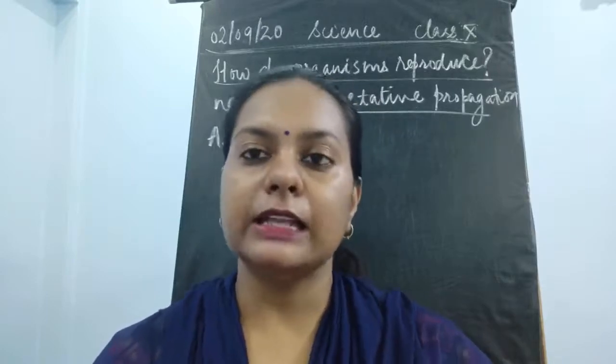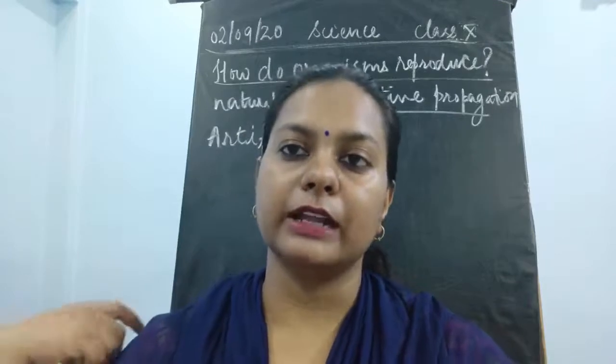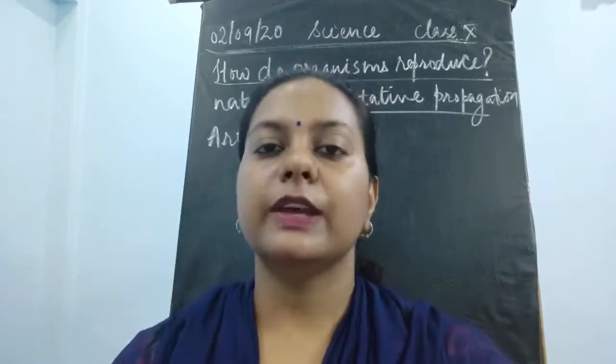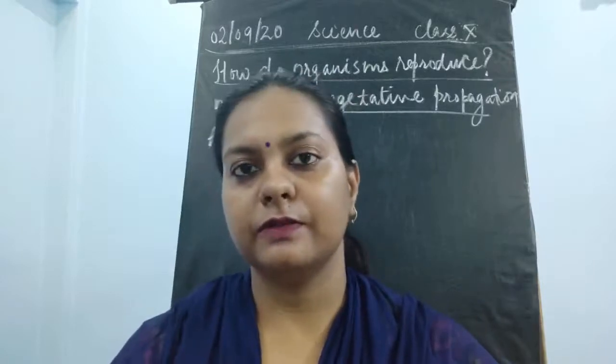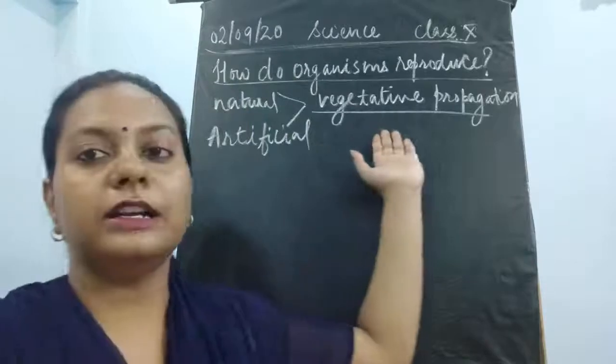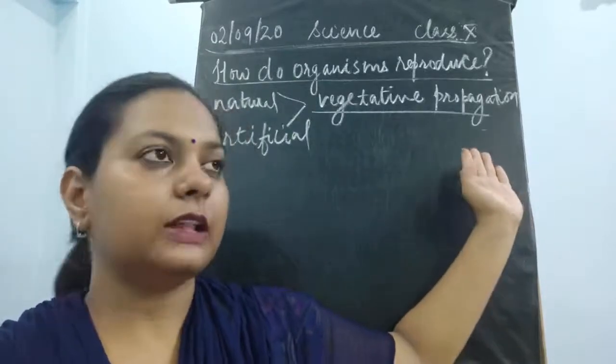In the last class I was discussing the mode of reproduction that is vegetative propagation. In vegetative propagation, it is the vegetative part which takes part in increasing the number of plants. What are these vegetative parts?